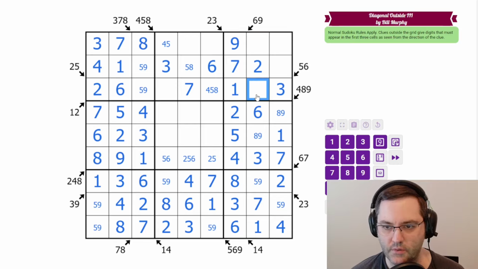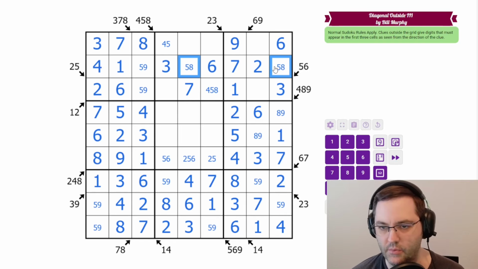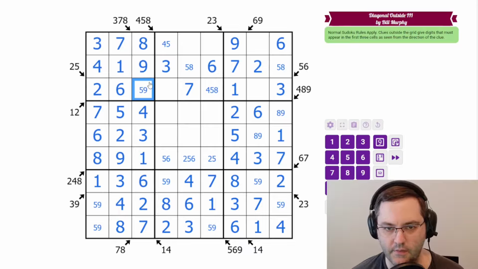We need a 4 up here, but that's got options. 6 up here must go there. This is 5 or 8. And now again we have a pair here. We could have seen this as a hidden single 9 in this row, if we happen to look at it that way. But this is going to be our 9 in that row.